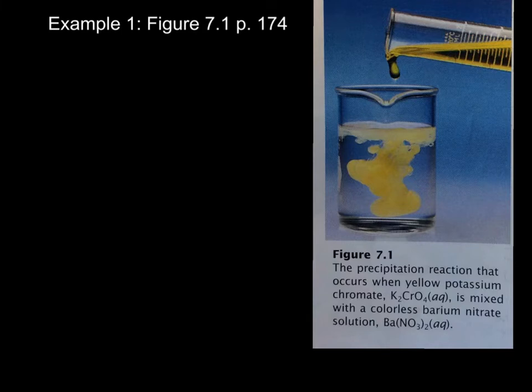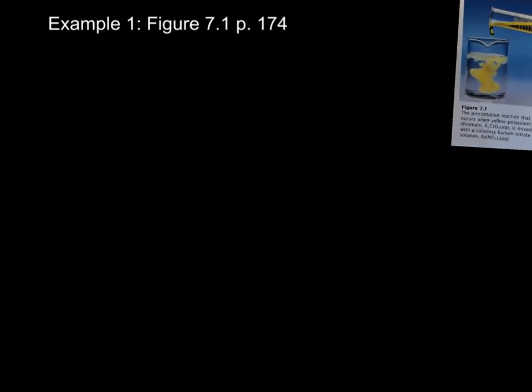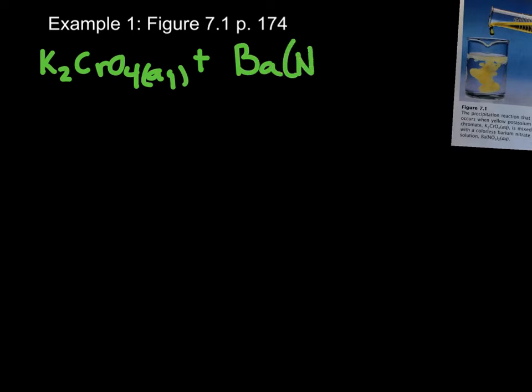So let's take a look here. We know that we have the potassium chromate, that's yellow. So when we write the formula for that, we have K2CrO4, and we know that that's aqueous, and we're mixing that with barium nitrate.